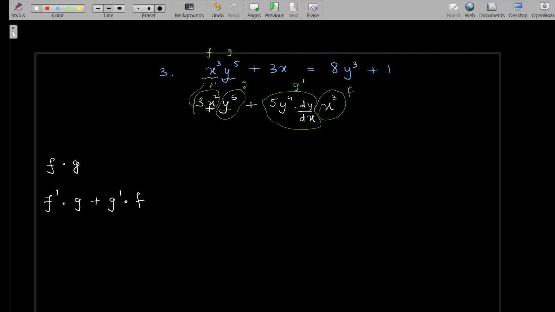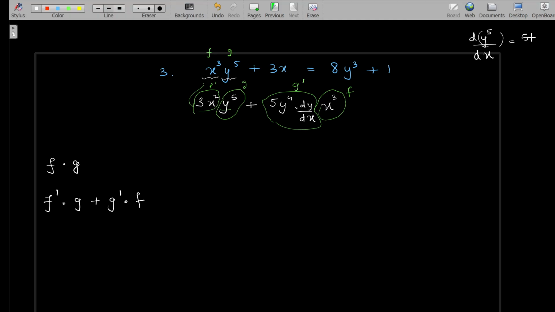F prime is 3x square and g is y raised to 5, and then g prime, which is derivative of y raised to 5, that will be 5 times y raised to 4 times dy over dx. You remember we are differentiating y raised to 5 with respect to x. We cannot differentiate one variable with respect to another.